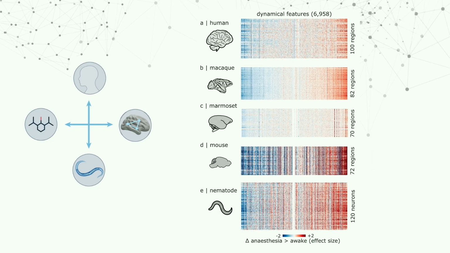So is there any consistency? Well, there is, because we can see the features here are all ordered in the same way. And as you can see very clearly, some features consistently and systematically drop their values when animals and humans are anesthetized, and then other features increase their value when animals and humans are anesthetized.